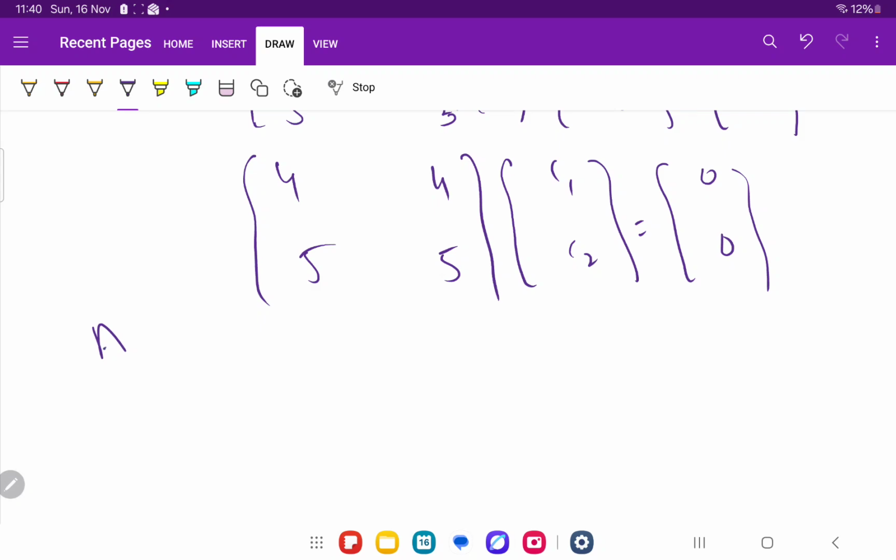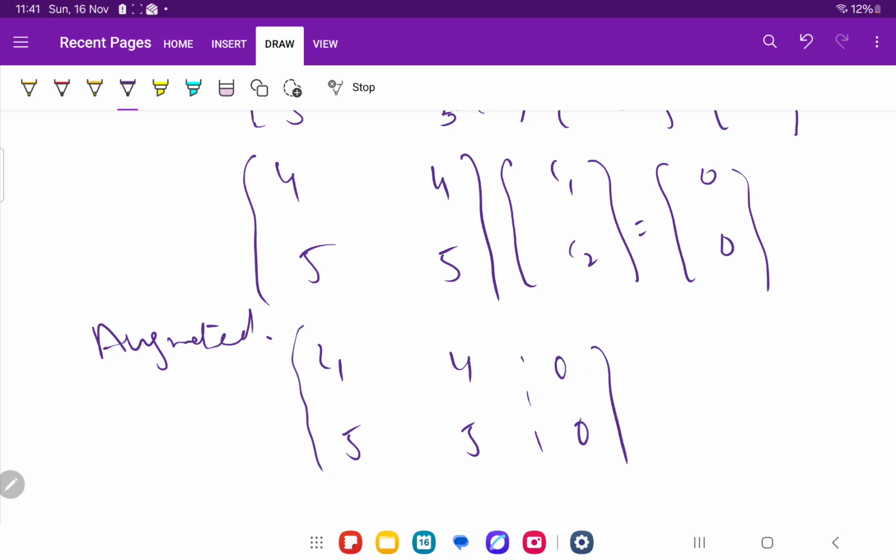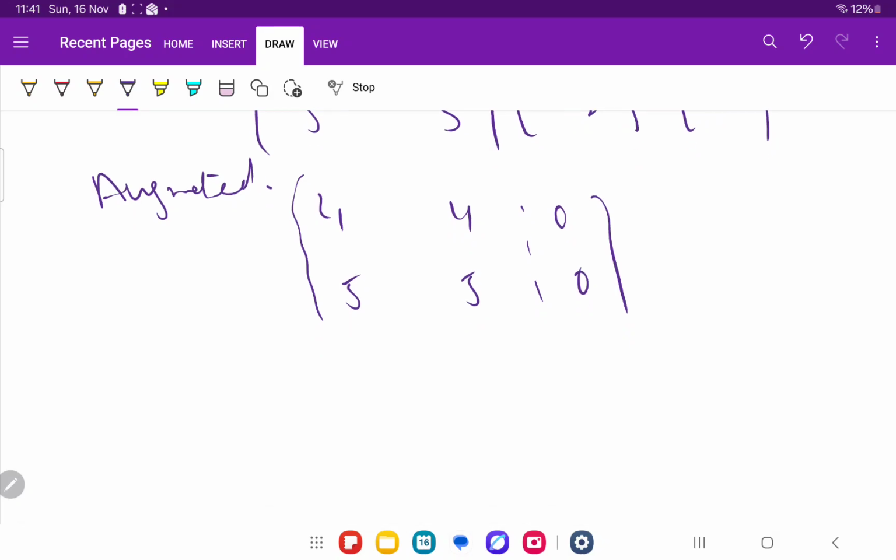And now we are moving towards the augmented matrix: 4, 4, 5, 5, 0, 0. Okay, so what we could do here, multiply row 1 with 1 over 4. So 1, 1, 0, 5, 5, 0.